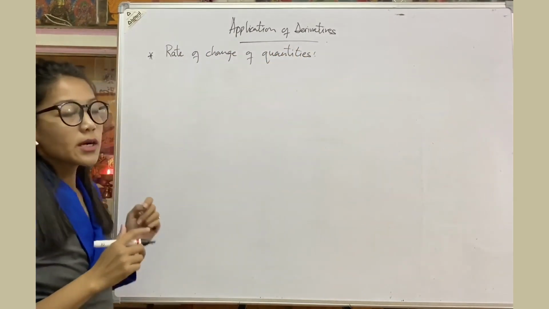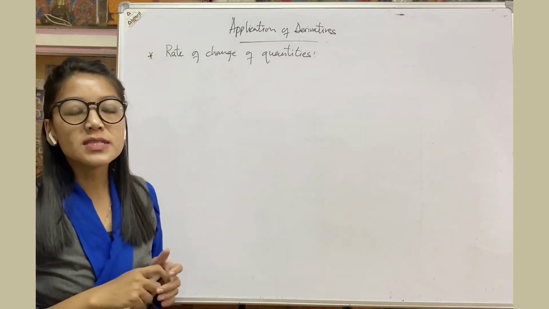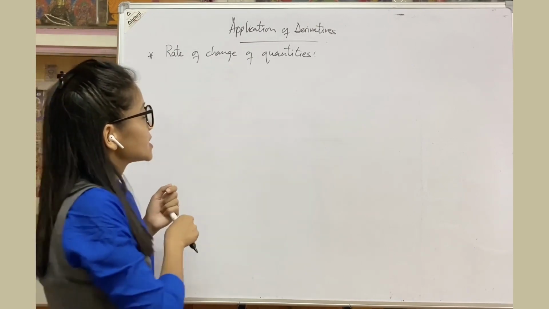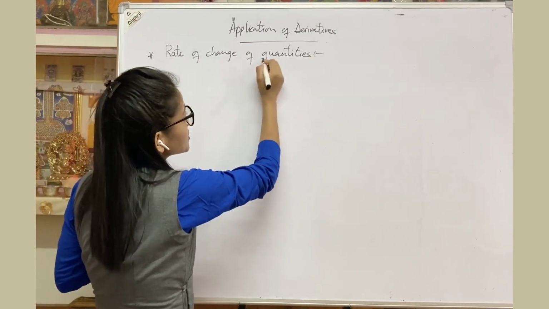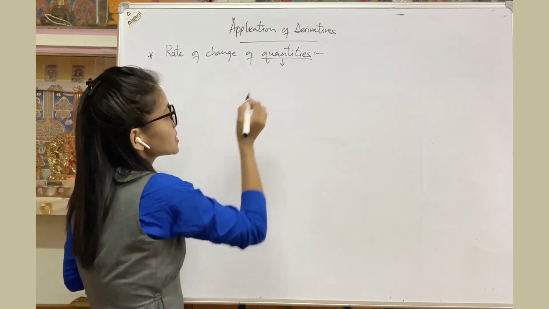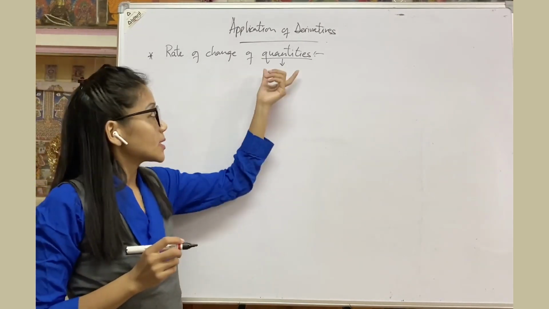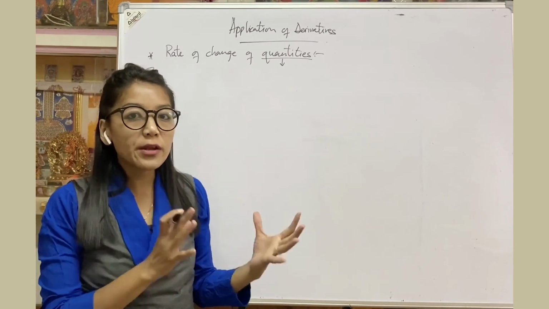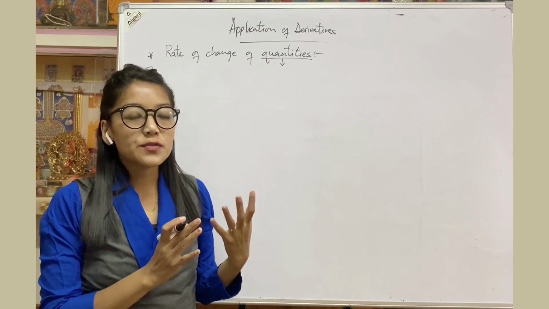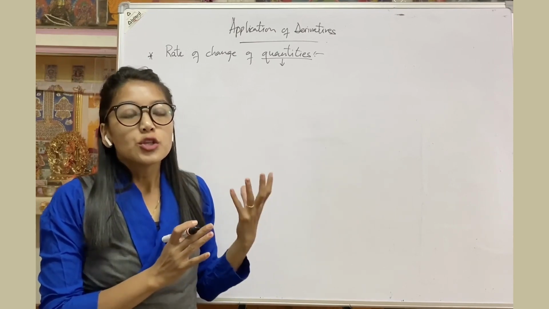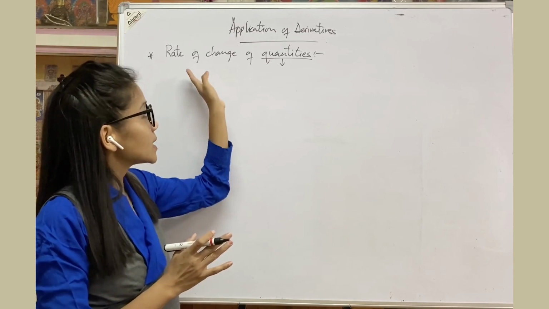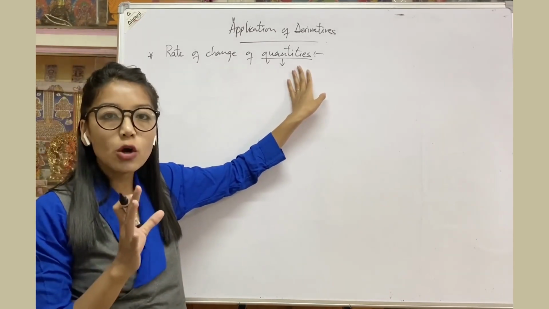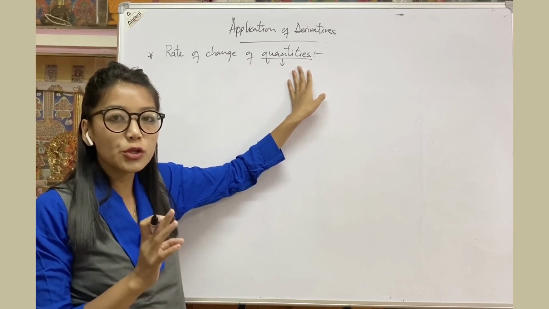When I say rate of change of quantities, I'm going to consider the concept of mensuration, like finding the rate of change of area, surface area, volume. We are taking all the mensuration quantities like area, volume, surface area.